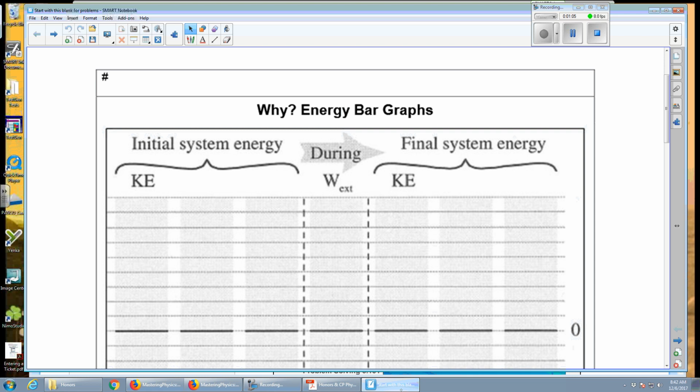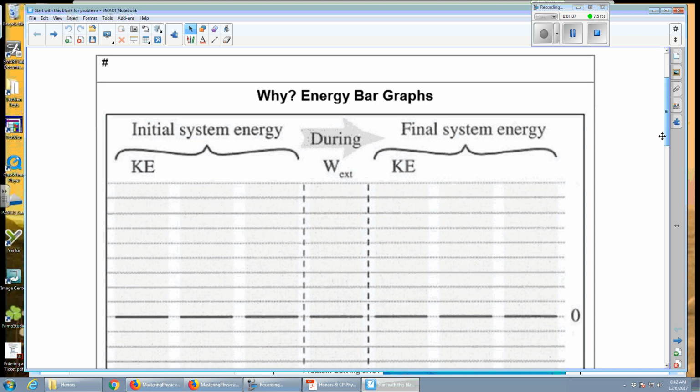So on my bar graphs here, I'm going to do it at 4 meters and at 3 meters. Now, do people have different numbers than 4 and 3? Okay. So whatever your starting height is and whatever your ending height is.